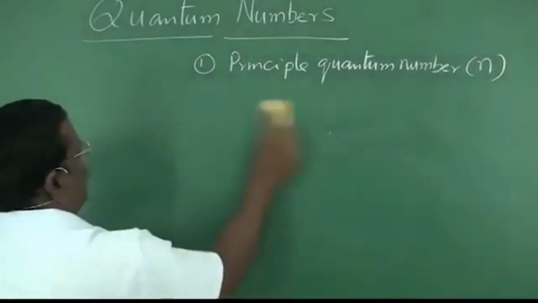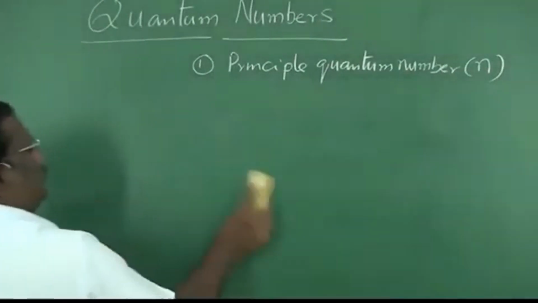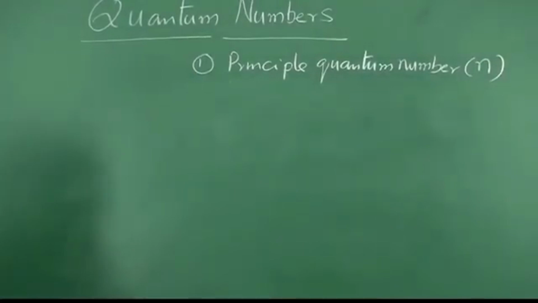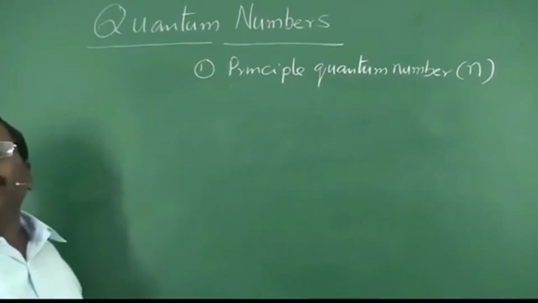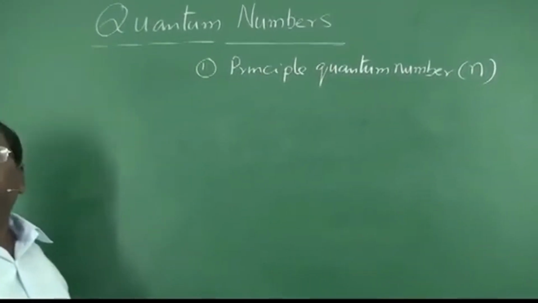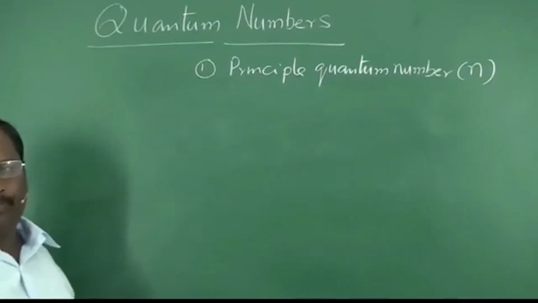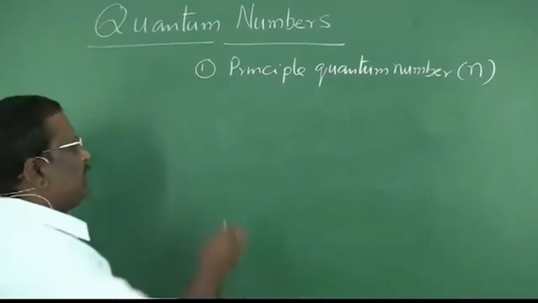This principal quantum number was proposed by Niels Bohr. It is denoted with small n.